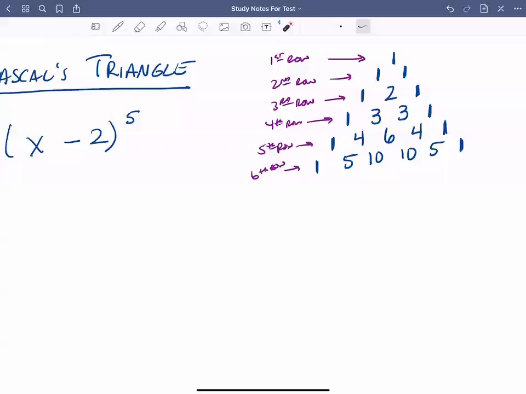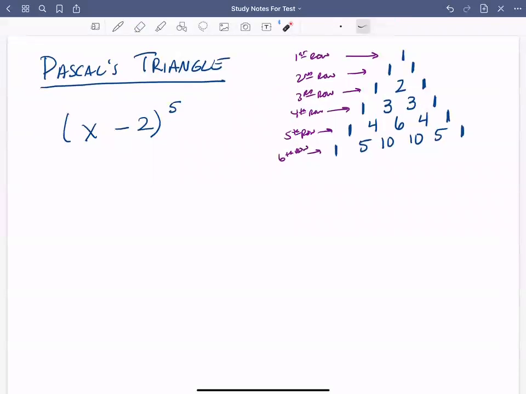Okay. Now, that's great. We know how to write a triangle, but how do we use these values? These values help you with the coefficients. What is also going to help us is that we're going to use the first term and the second term in our binomial. Okay, so here's how I like to do it. Again, these are our coefficients.